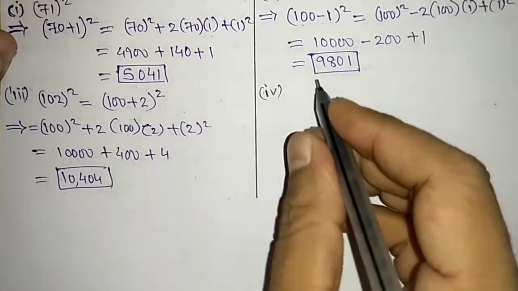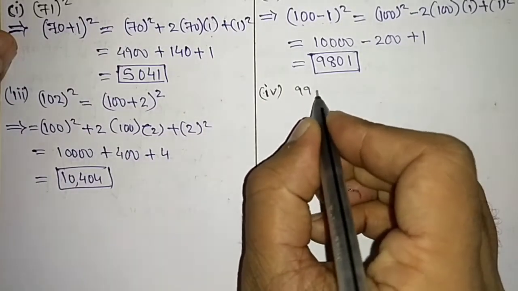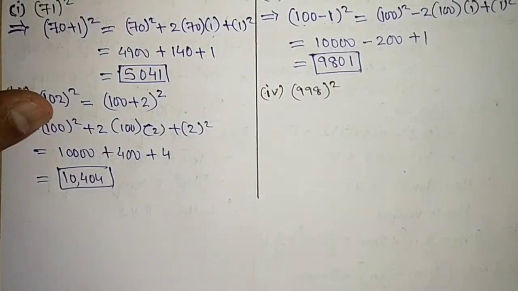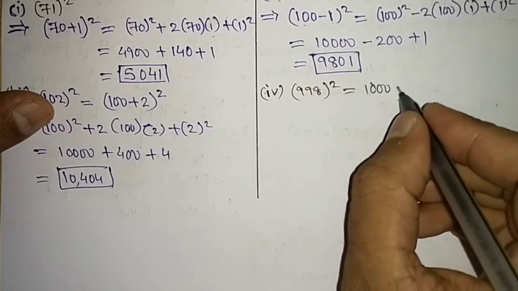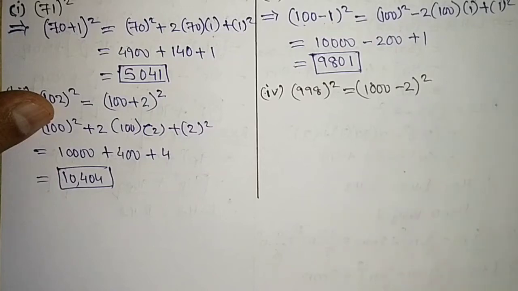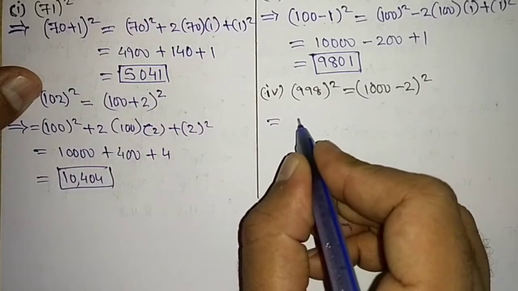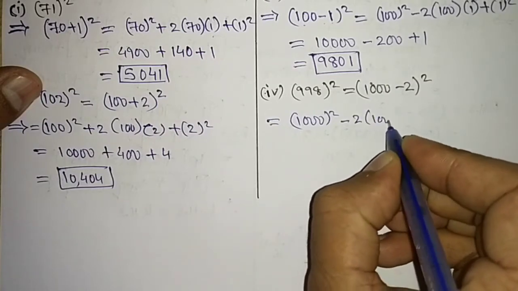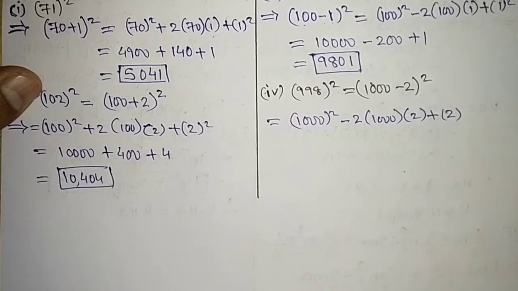Moving to the fourth part. Fourth part, the number is 998 square. Now 998 square, I can write it as 1000 minus 2 whole square. Now 1000 square, that is a square minus 2 into a into b plus b square, right?